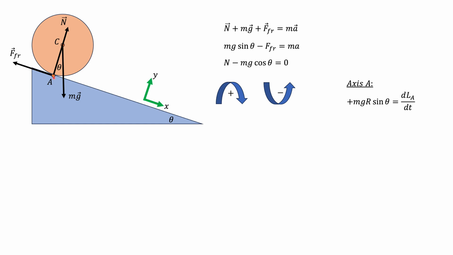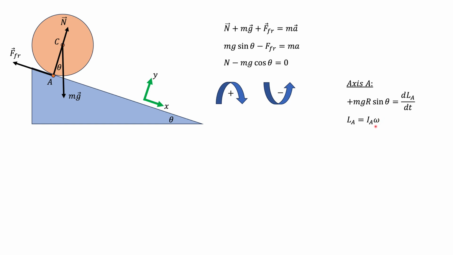Now, when we choose our axis to move parallel with the center of mass, it means that when we calculate angular momentum, we need to use velocities with respect to a stationary frame of reference. And if you remember the video about kinematics, we know that when it comes to point A, the object moves as if it is rotating as a whole with respect to this point A, or axis A. And when that happens, we can write angular momentum as moment of inertia times angular velocity.